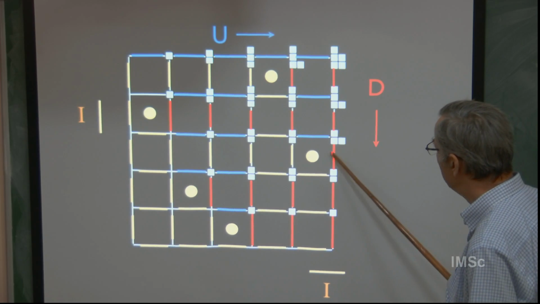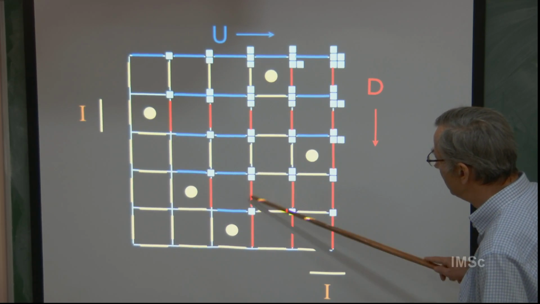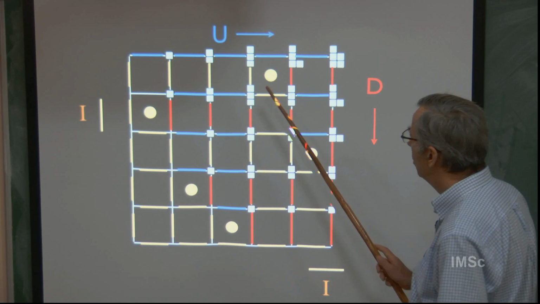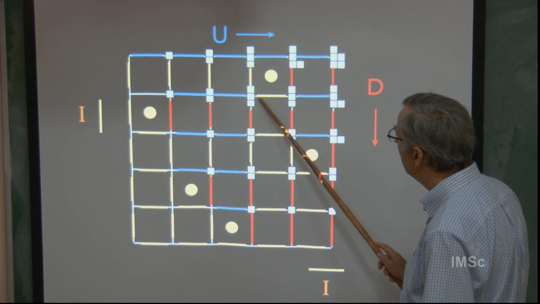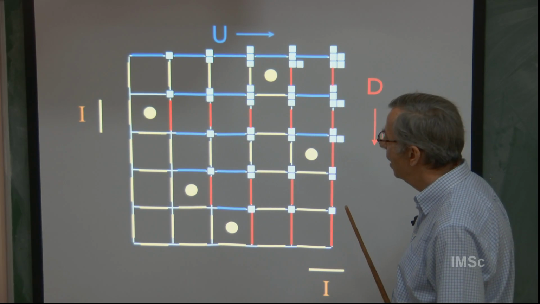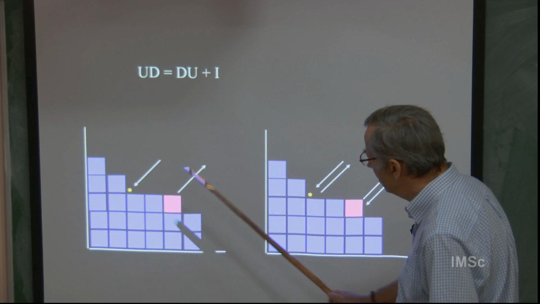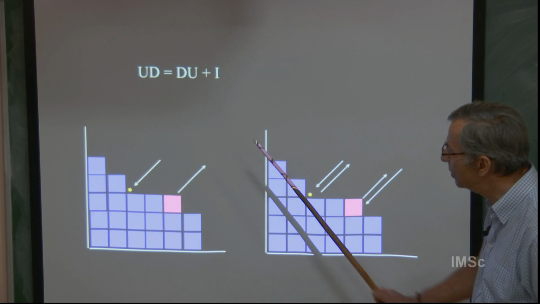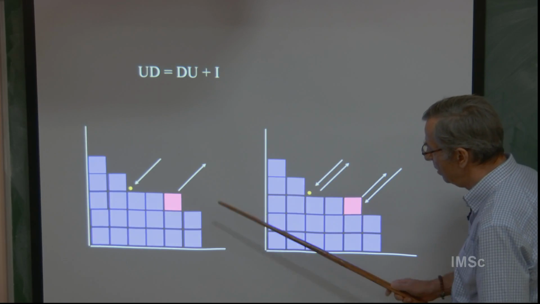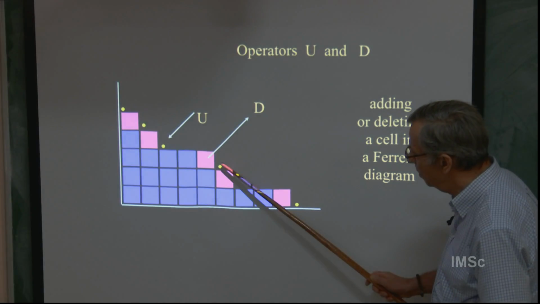This is operator D. In red, the edges, I'm deleting a cell. In yellow, this is the identity operator. So take an elementary square, and then this explanation of UD equal DU plus identity comes from the fact that there is one more yellow point than pink point.